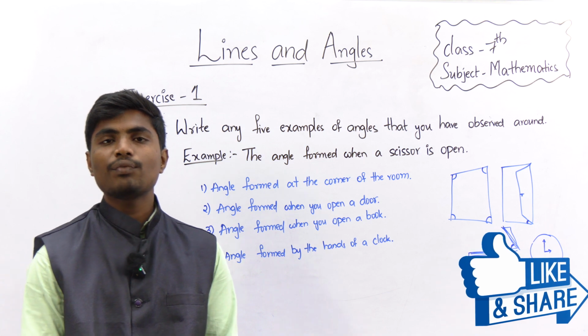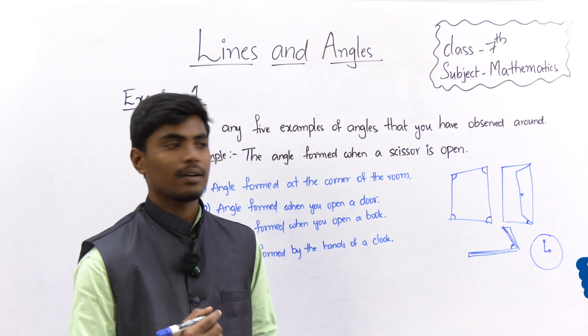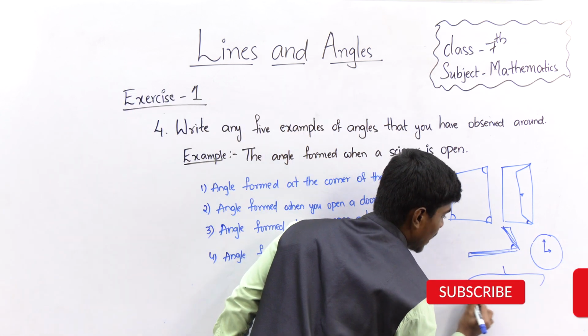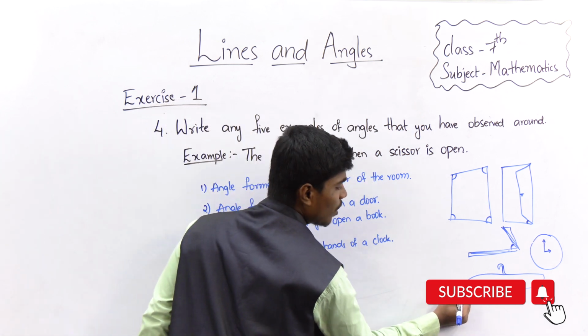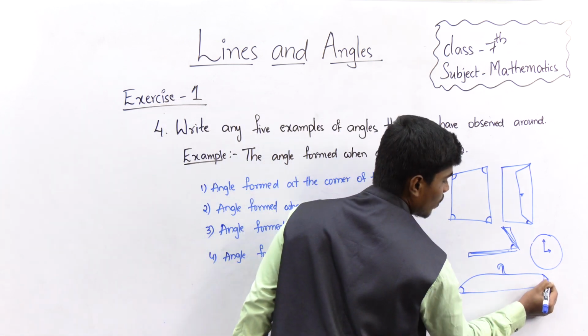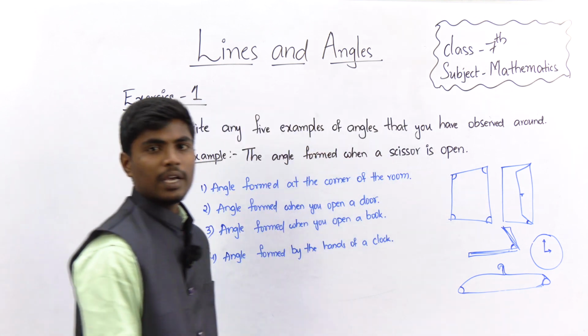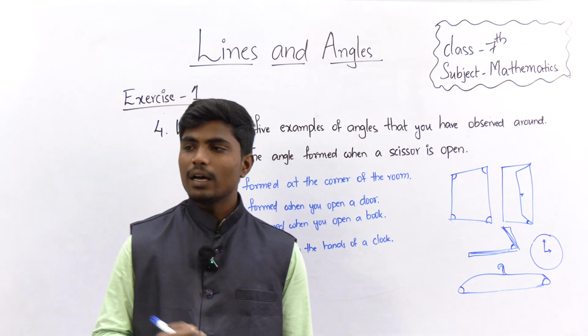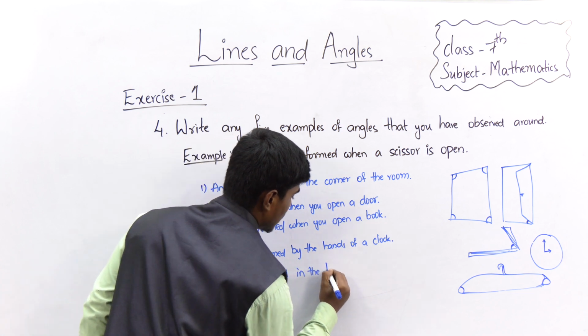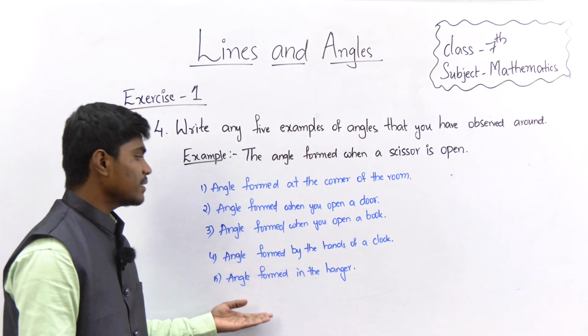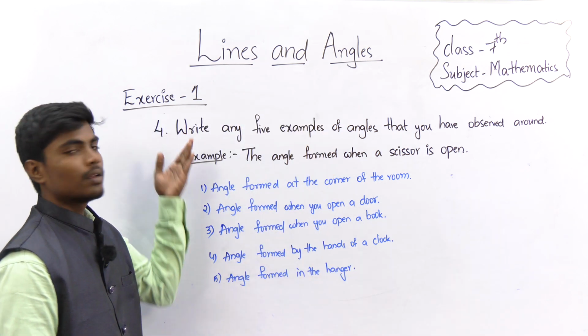Now if you observe the hanger, this is the hanger. At this corner the angle is formed. So angle formed in the hanger. Okay, this is the solution for the fourth problem.